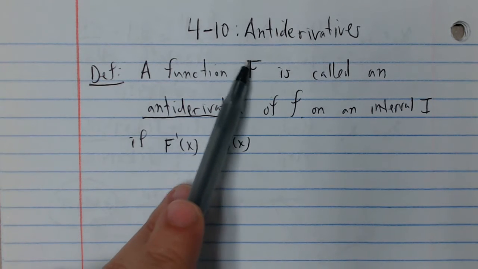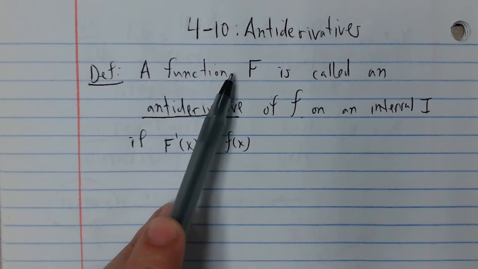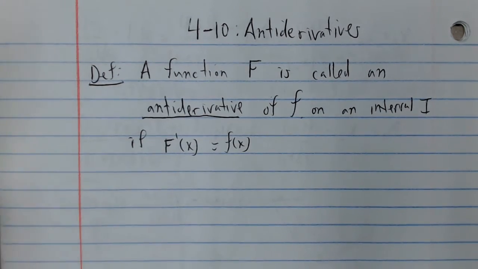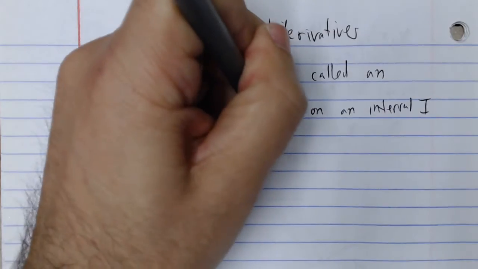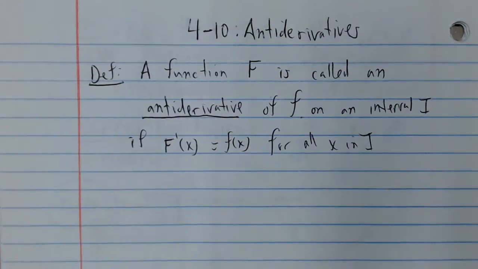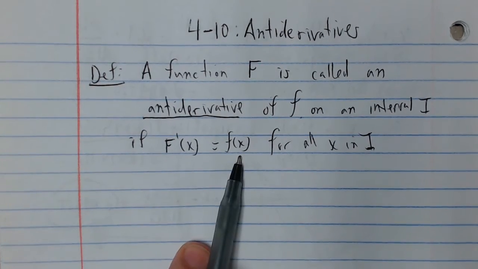If this is truly the antiderivative of lowercase f, then finding the derivative of capital F will take me back to lowercase f. So this is for all x in this interval. Whatever that interval is, capital F prime should give me lowercase f.